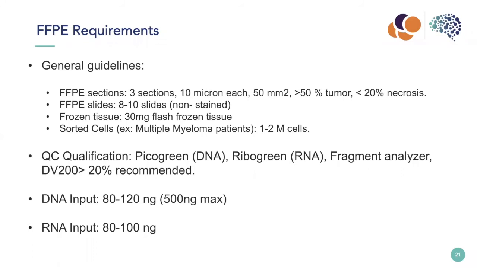If frozen tissue, about 30 milligrams of flash frozen tissue. And as far as for a sorted cell sample, say for example from a multiple myeloma patient, 1 to 2 million cells is ideal. So of any of the conditions you see listed, we generally see very robust both DNA and RNA yields in a dual extraction methodology to allow the metrics of the downstream assays to be met very, very well for the vast majority of samples.